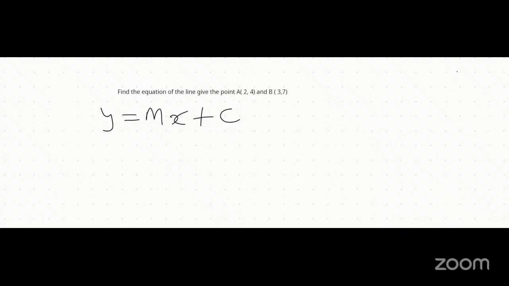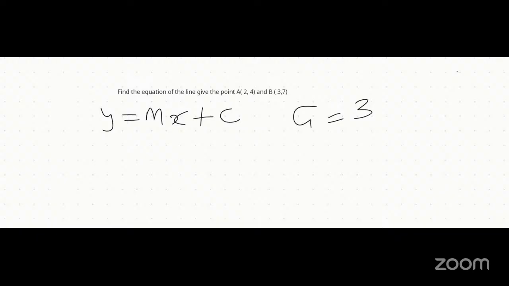Remember what I said, you will still get the same answer if you do so. So let's use point A. Remember our slope or our gradient is equal to what? Our gradient is equal to 3.